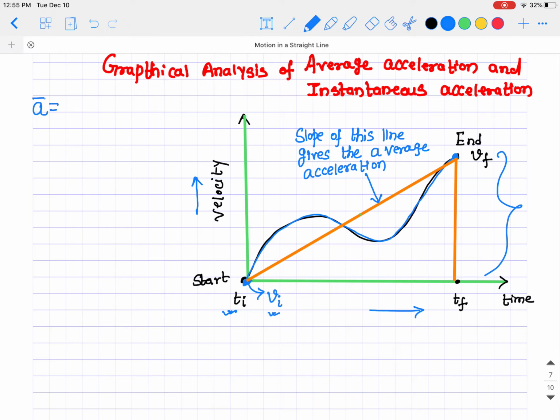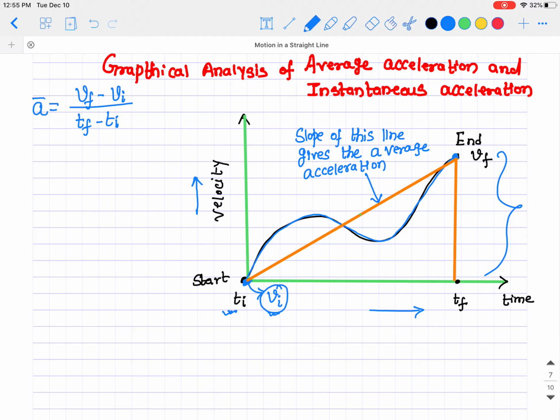The final velocity is vf and the initial velocity is vi. So the change in the velocity between these two times is vf minus vi, divided by tf minus ti. That gives you the average acceleration.